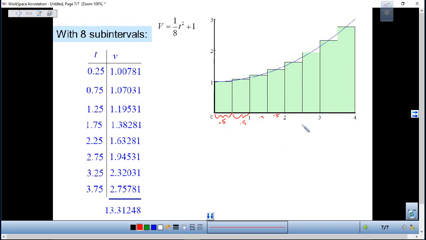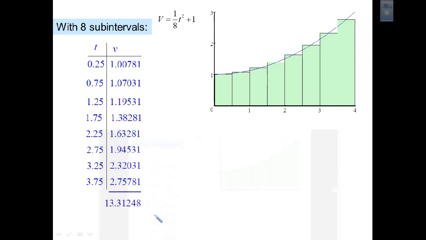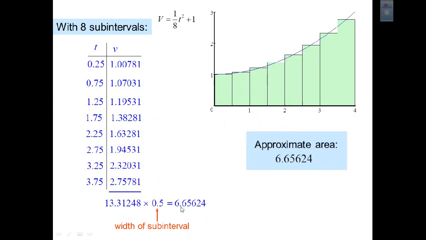So we have a common 0.5 that we can multiply times each one of these to find the area of each individual rectangle, or we can just add up all of our heights and multiply the sum of the heights times 0.5, and that's what we're going to do. So if we now take the 13.31248 and multiply it by the width of the subinterval, then we get our approximation, 6.65624.